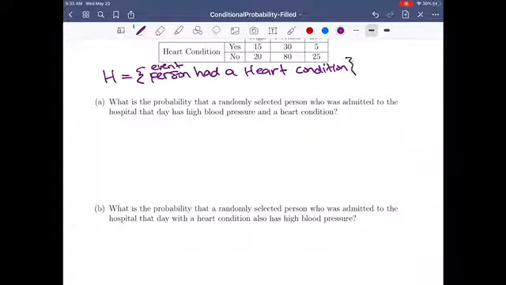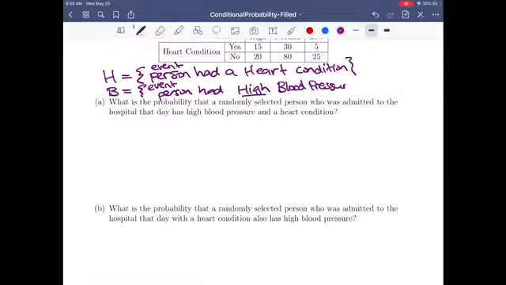And I'm going to call B, and we're actually really going to care about this, the event that the person at the hospital had high blood pressure. Okay, so that's the notation we're going to use.